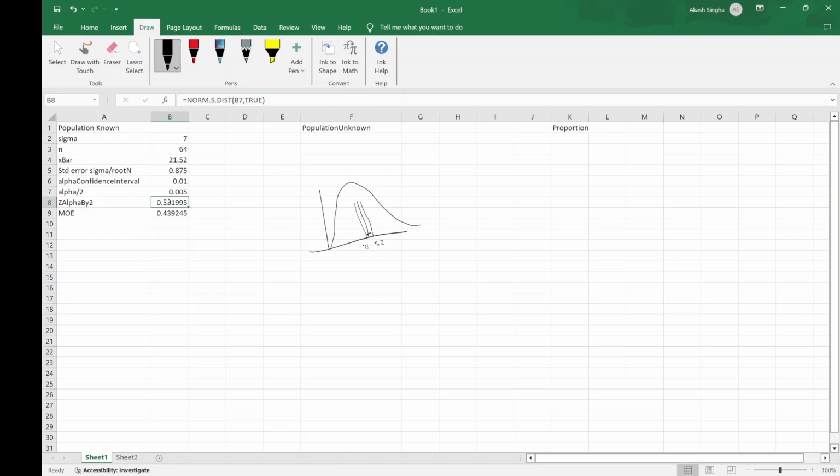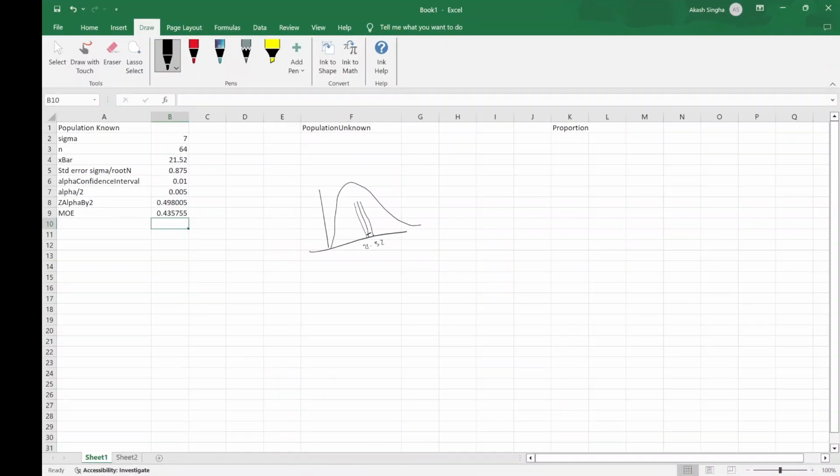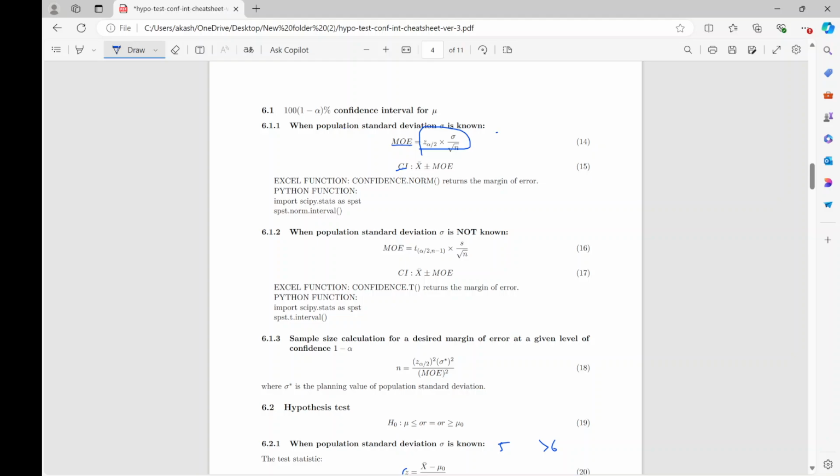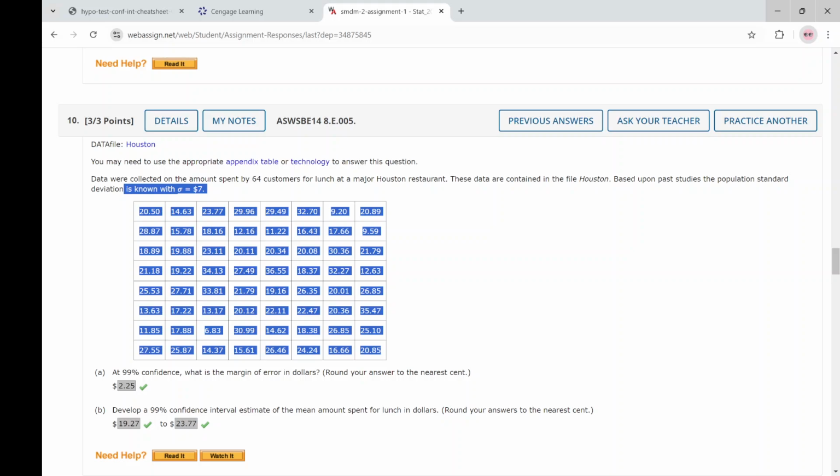So it will be, I guess, 1 minus. I think I am doing something wrong.